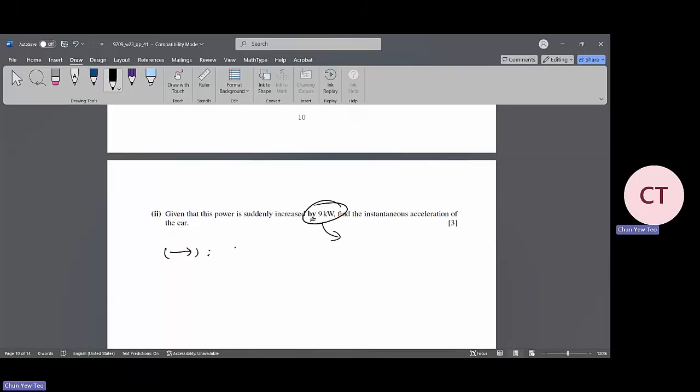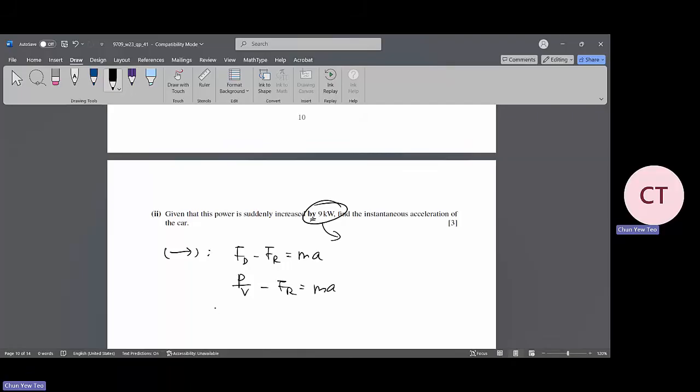The driving force minus the FR. This time, suddenly, because the driving force increases, it will have acceleration. So this will be the P over the V minus the FR is equal to the MA.